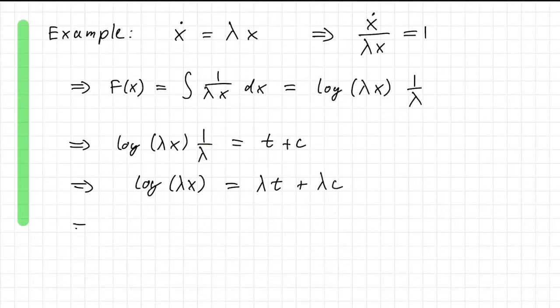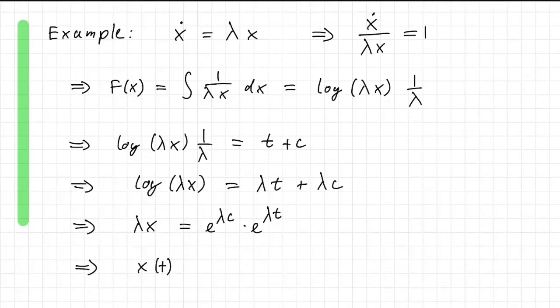And then we go further. We need now to solve for x. Now the inverse function of the logarithm is the exponential, so that's what we need to take on both sides. And then we get lambda x equals e to the lambda c times e to the lambda t. And with that, we can finally solve for x itself.